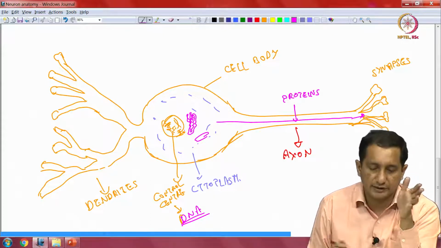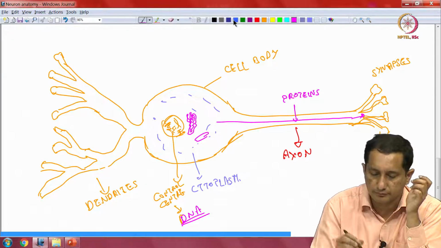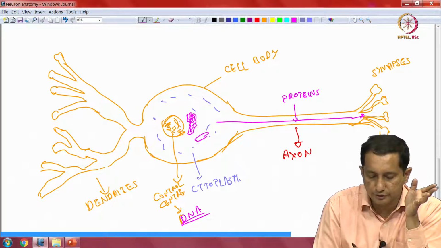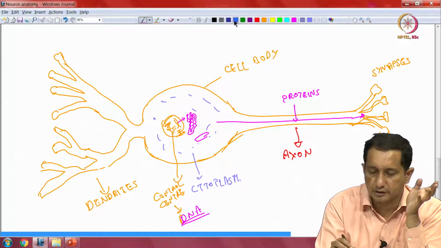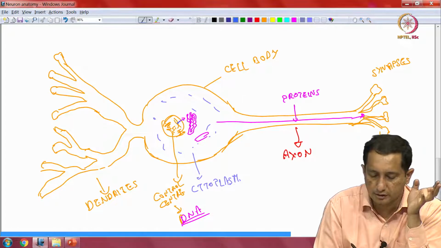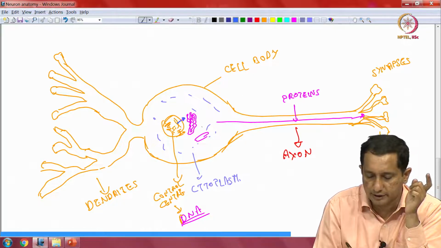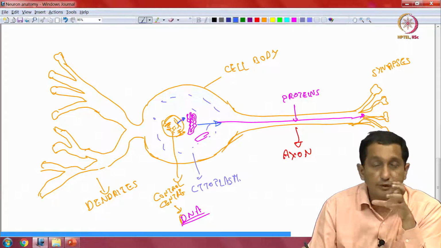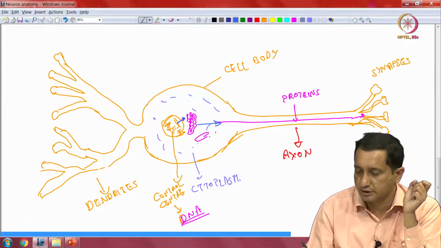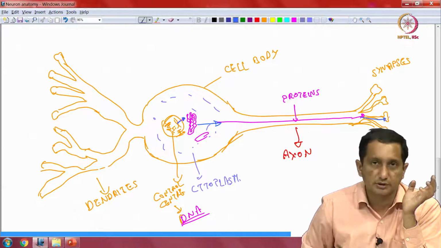So, protein pathways exist from the nucleus through the DNA, mRNA, endoplasmic reticulum, and into the tubules of the axons, and then it goes into the periphery, into the synapses.